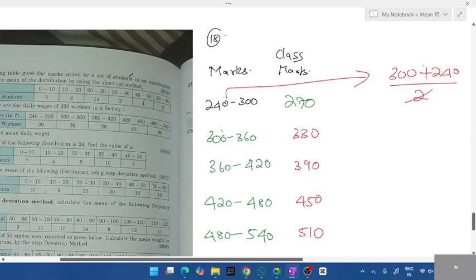What's the value we get? What's the answer? 270? Yes, 270. That is one way.